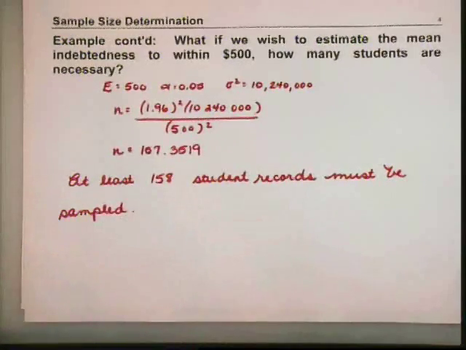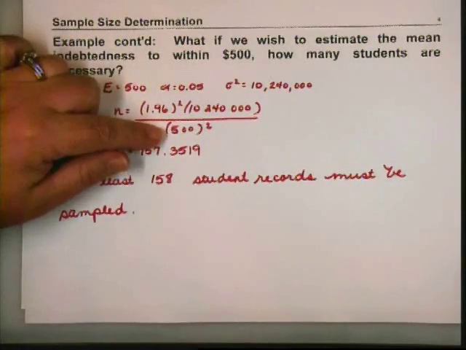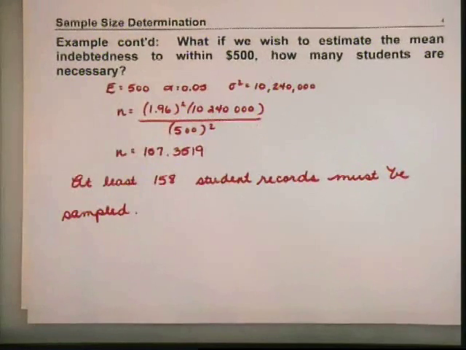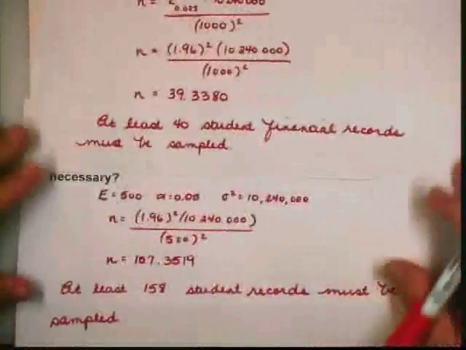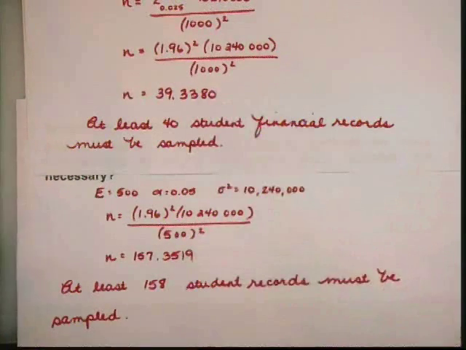Okay, always round up. Notice what happened there. The bound on the error was cut in half. What happened to the sample size requirement? It goes up by a factor of 4, a power of 2, right?